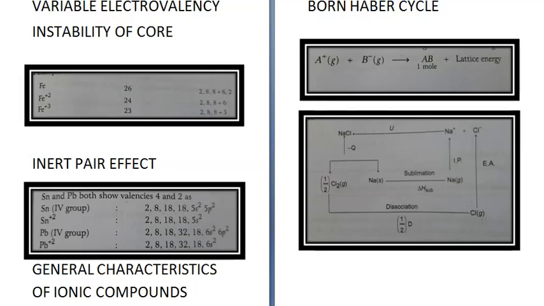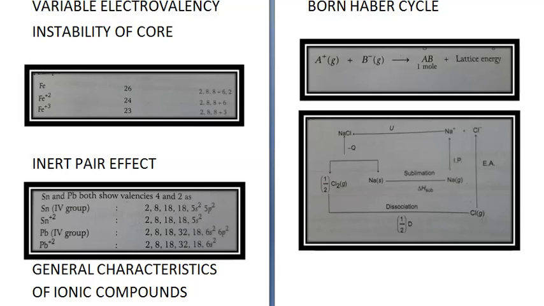Electrovalent compounds are soluble in polar solvents and insoluble in non-polar solvents. Due to the high dielectric constant of water, the electrostatic force of attraction between the ions decreases and these ions get separated and ultimately solvated by the molecules of the solvent. An electrovalent compound dissolves in a solvent if the solvation energy is higher than the lattice energy of the compound.